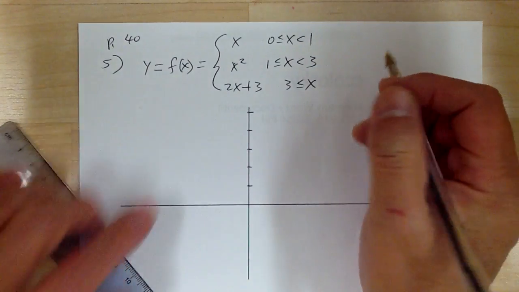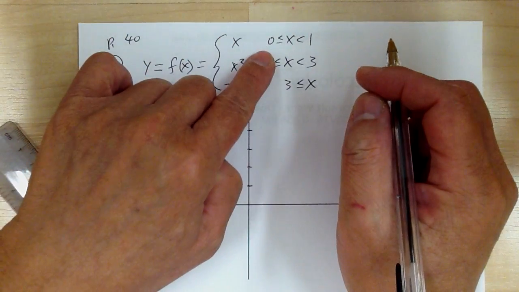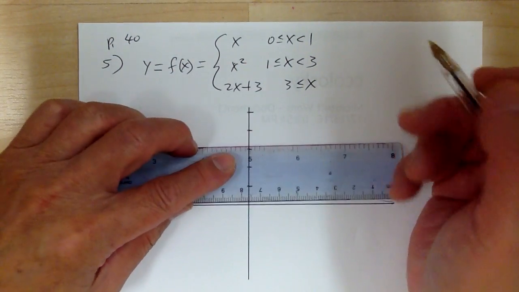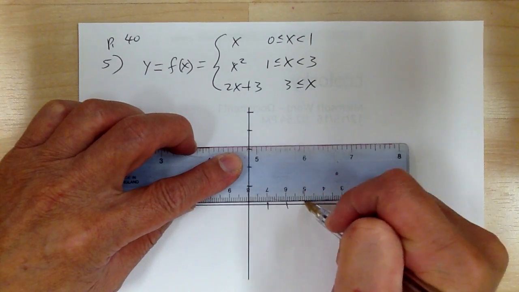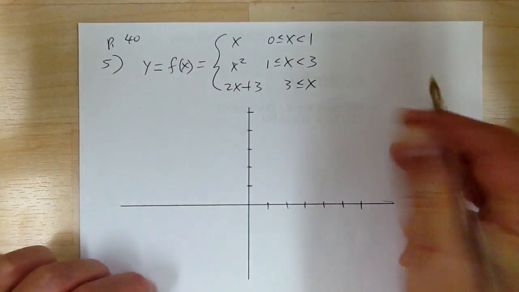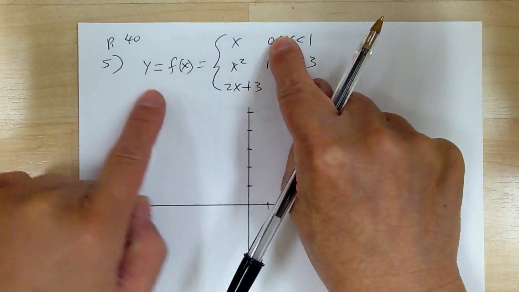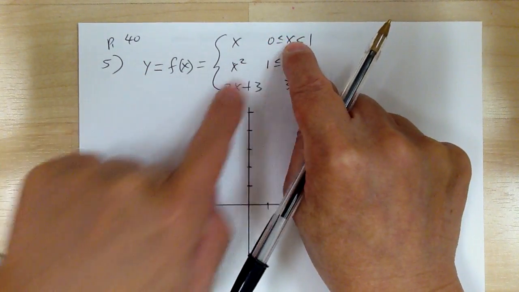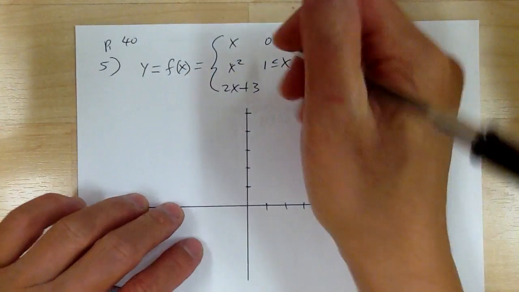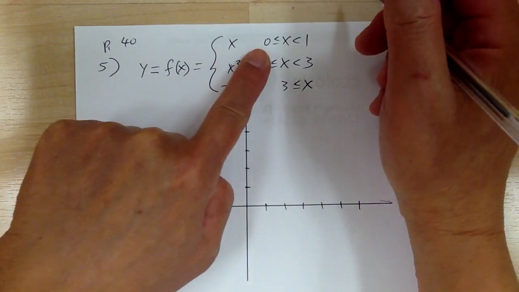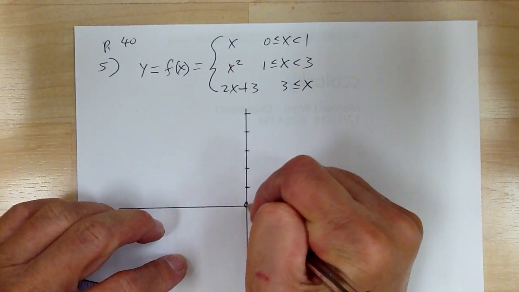So what it's saying is that y equal to x from 0 to 1. And again, the way to graph this is you just substitute, right? So this part is y equal to x. So when x equal to 0, y equal to 0.